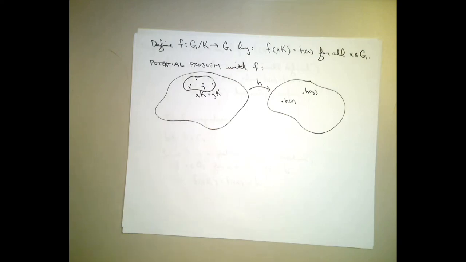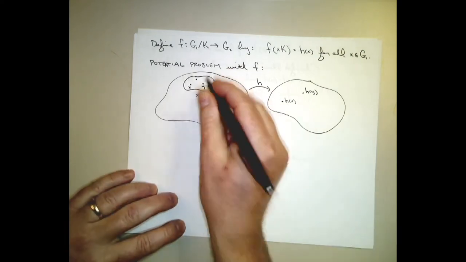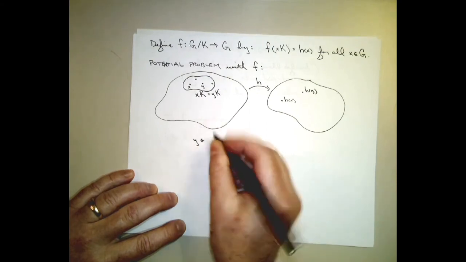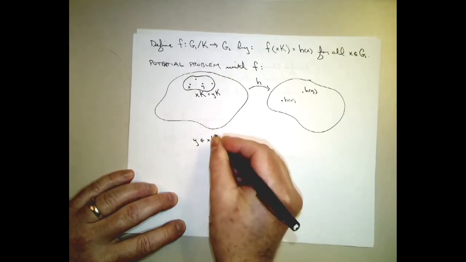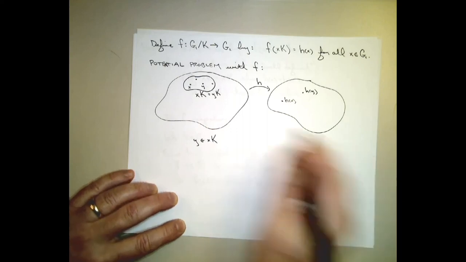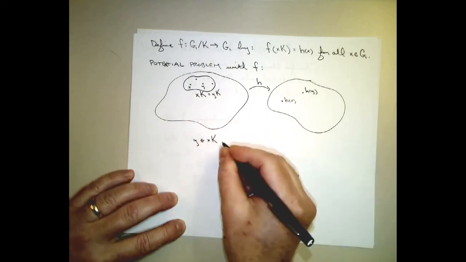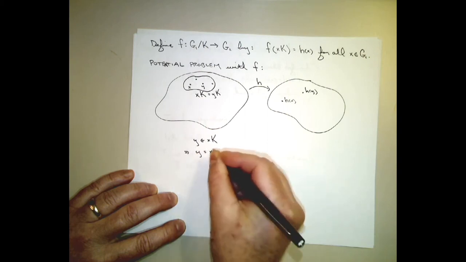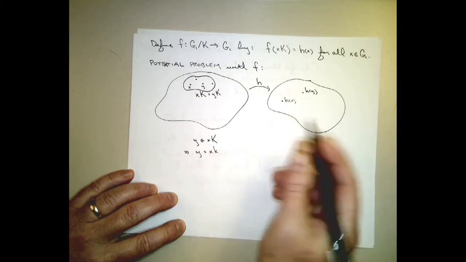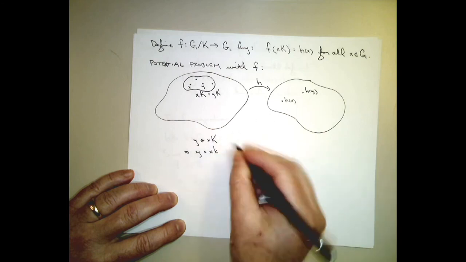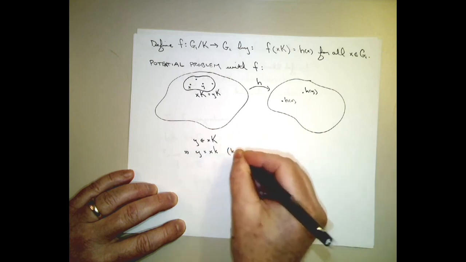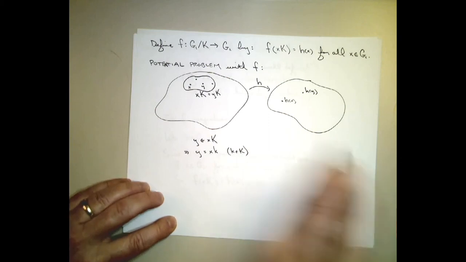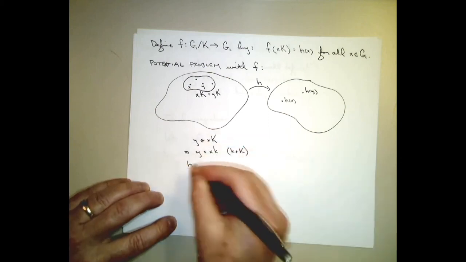So here's why. Let's say we had that element y in the coset xK, and what does that mean? That means that y is equal to x times something in K. So where's h going to take it?